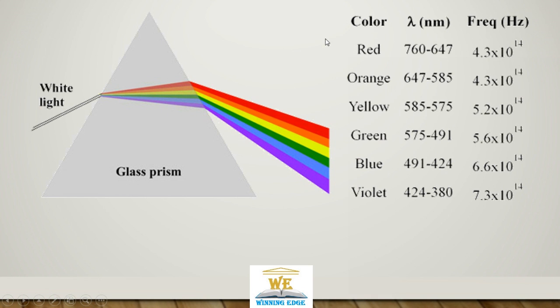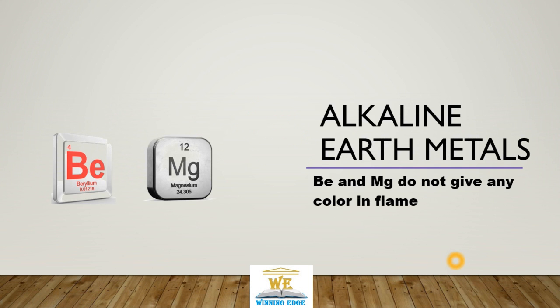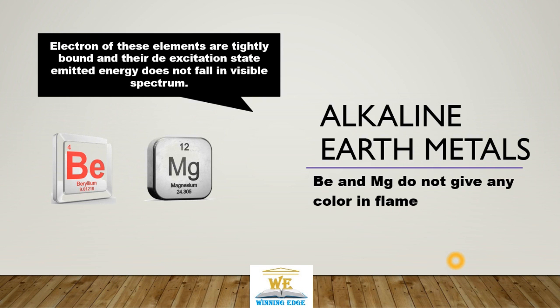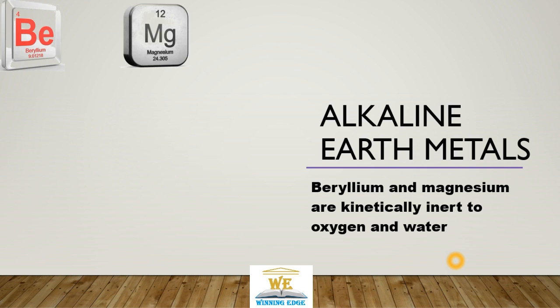If we observe a lower energy color, absorption will be from the higher end. As we just discussed, beryllium and magnesium do not give color in flame, simply because the excitation energy is higher than the visible spectrum.